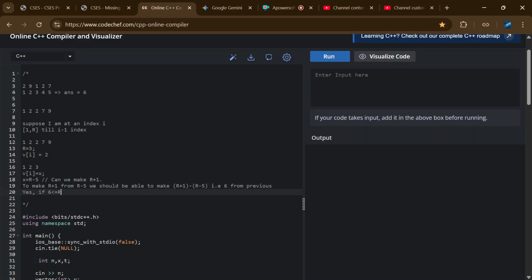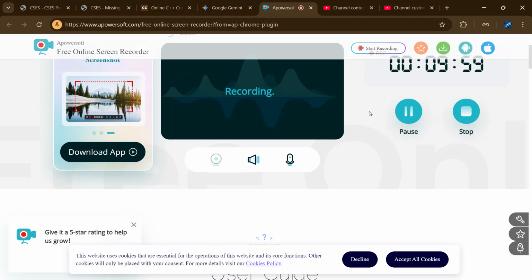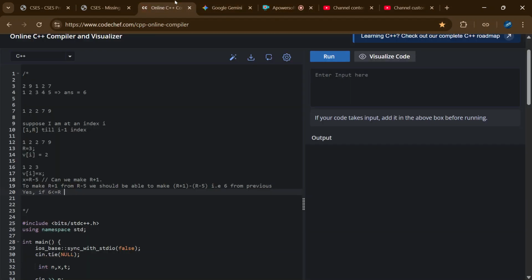So yes, we can make 6 from the previous.